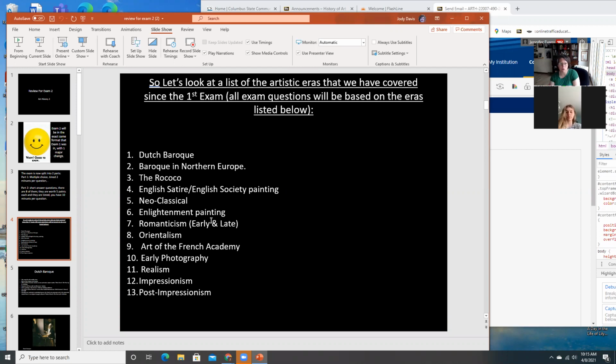We talked about the Rococo, English satire and English society painting. We have the neoclassical, Enlightenment, Romanticism, early and late, Orientalism. We have the art of the French Academy, early photography, realism, Impressionism, and post-impressionism.